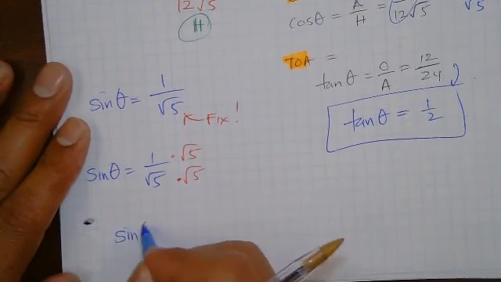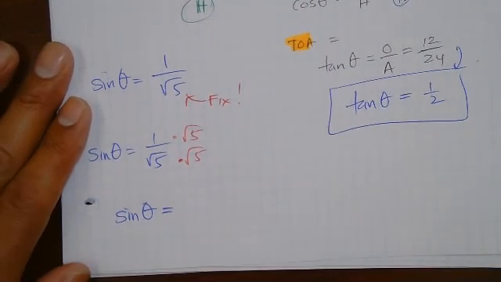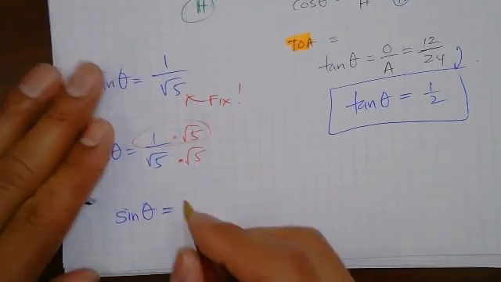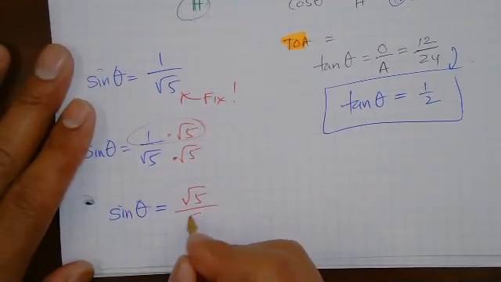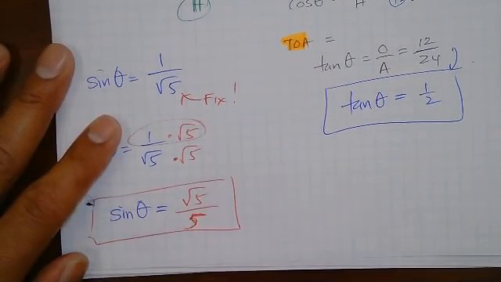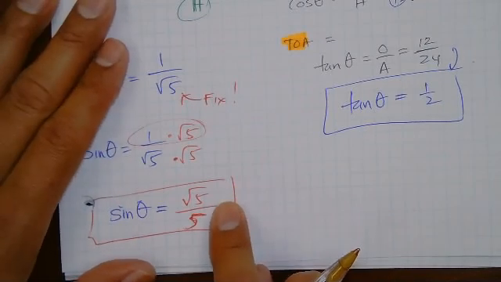So really, what's going to be the answer that you're going to see for sine in the worksheets or in the book? 1 times the square root of 5 is just root 5 over 5. See? This is the answer you're going to see.